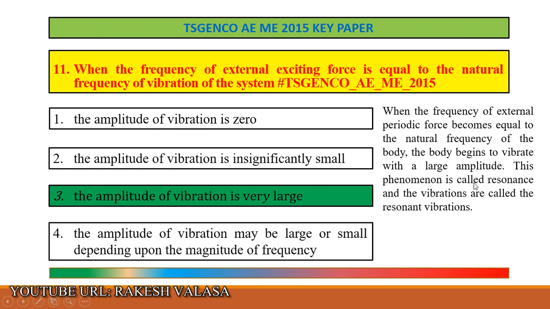This phenomenon is called resonance, and the vibrations are called resonant vibrations. So the correct answer is that the amplitude of vibration is very large. These types of vibrations are called resonant vibrations.